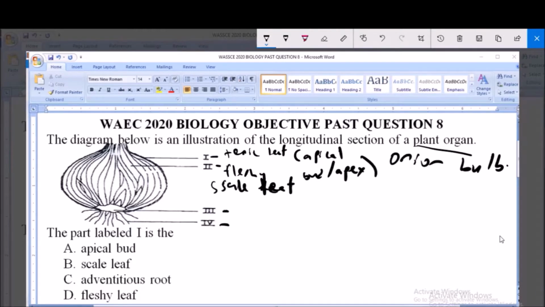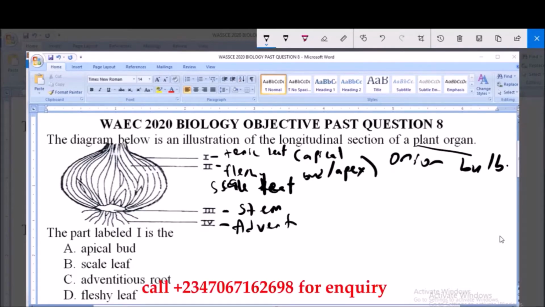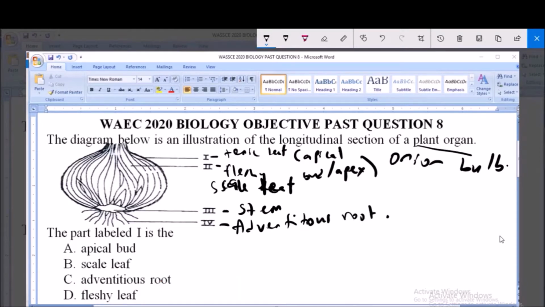So you can either refer to it as the fleshy leaf or the scale leaf. Now the part labeled 3 is known as the stem, and the part labeled 4 is the adventitious root. So as we have seen here, the part labeled 1 is the tunic leaf, also called the apex or the apical bud, and the apical bud is option A. So option A is the correct answer to this question.